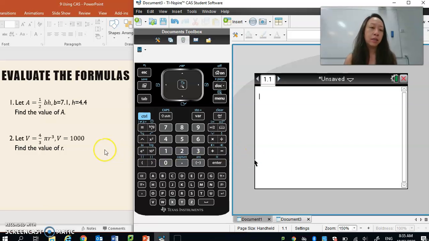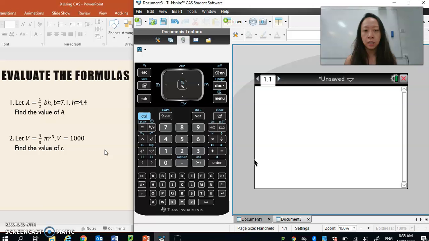If we look at the questions on the left-hand side of the screen, the first one is evaluating the formula and finding the value of a certain pronumeral. So question 1, let's say A is half B times H, and the values of B and H are given here. How do we find the value of A?